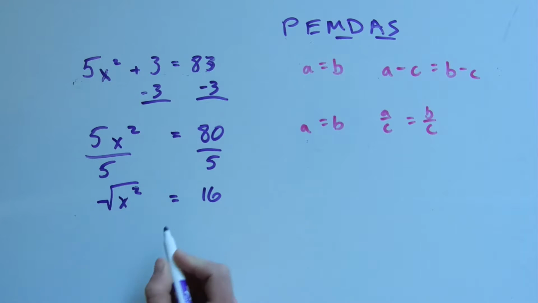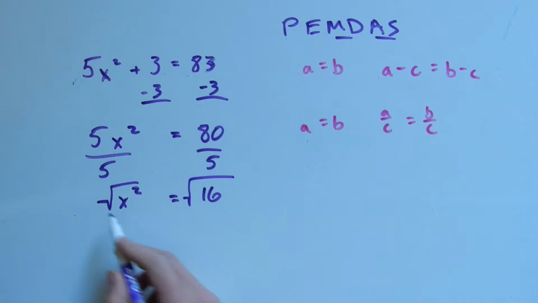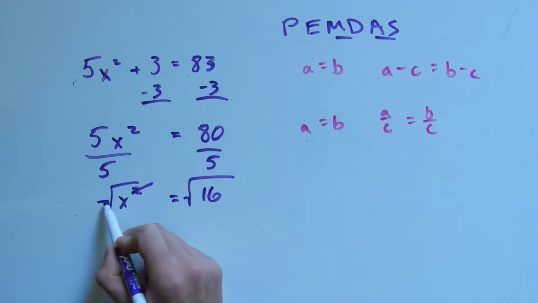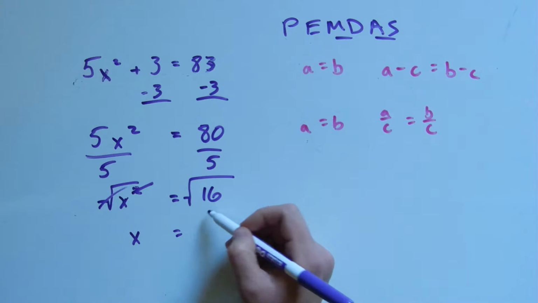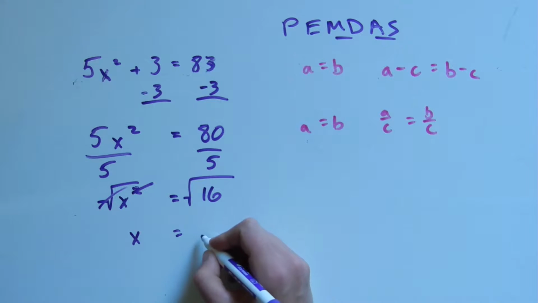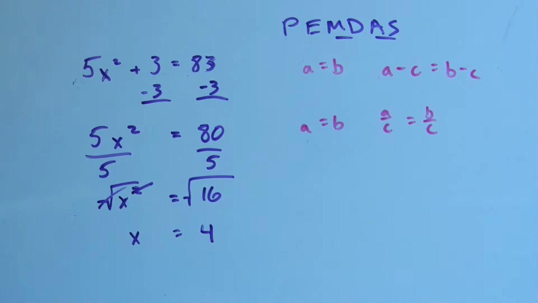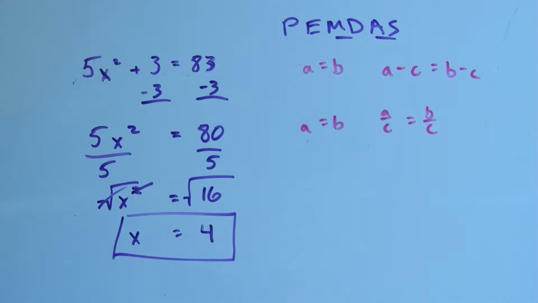The square root of x squared and the square root of 16. This will give us just the value of x, because the square and the square root cancel out, and we're going to be left with the square root of 16, which we know 4 times 4 is 16, so the square root of 16 is 4. So we've solved our first equation. X is equal to 4.